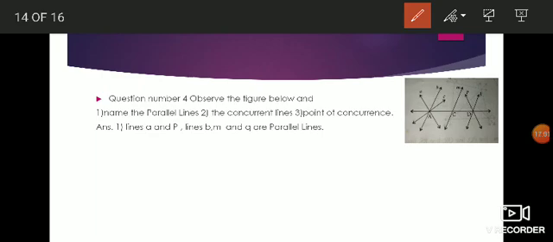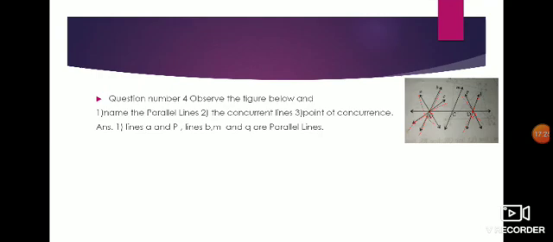Now see here, line A, line B, line C pass through the same point, that is point A. So here we can say that the point of concurrence is A, and lines A, B, C are the concurrent lines. And again, we can take these two also: line P and line Q. These two are also concurrent lines and their point of concurrence is D.